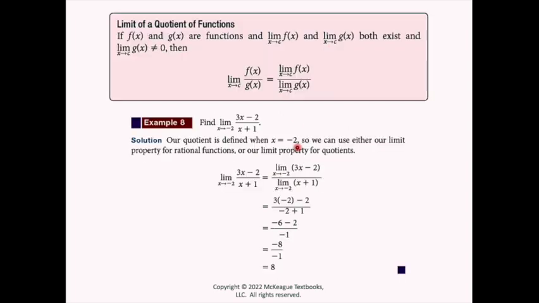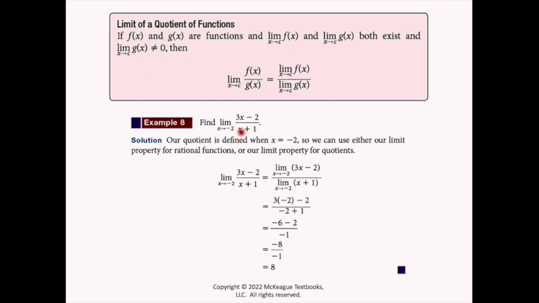The limit of a quotient is the same idea as the property for rational functions. We just want to make sure, if we're using direct substitution, that the limit in the denominator does not equal 0. So using 3x minus 2 over x plus 1, we have a top function and a bottom function.